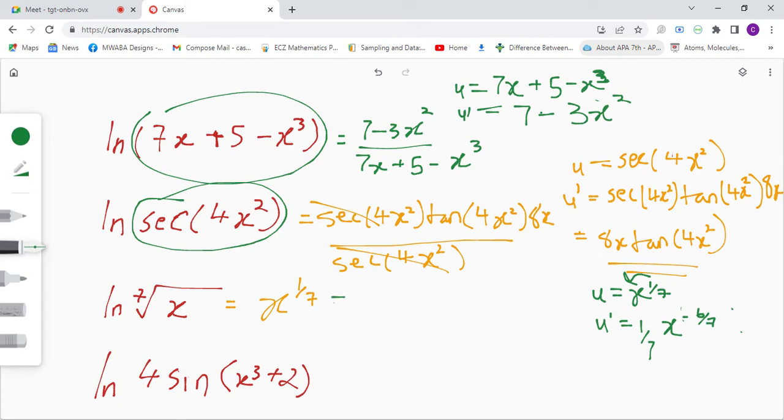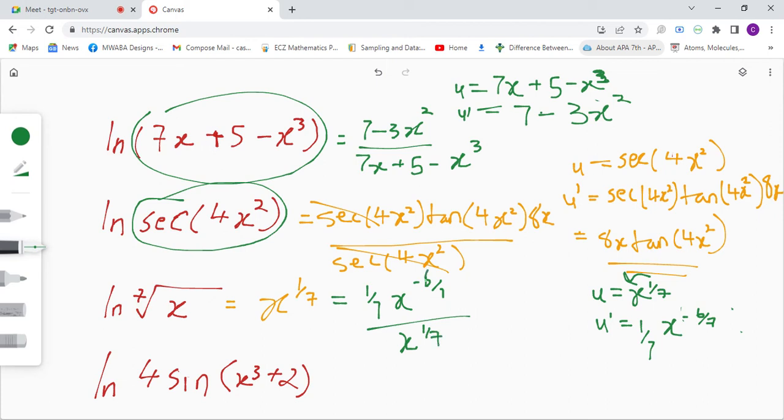Right. So then we put our u prime. So our u prime is 1 over 7 x to the power negative 6 over 7, divided by x to the power, our u was x to the power 1 over 7.